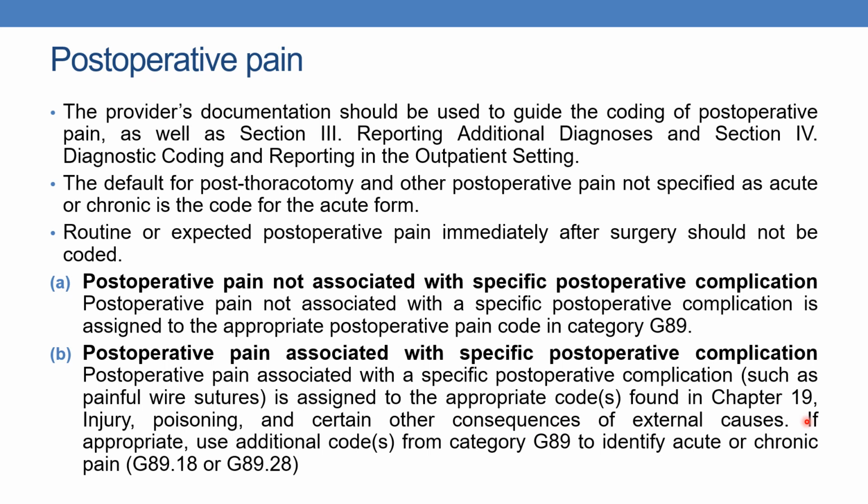T codes would be PDX, followed by codes from the category G89. If appropriate, use additional codes from category G89 to identify acute or chronic pain. It can be G89.18 or G89.28.